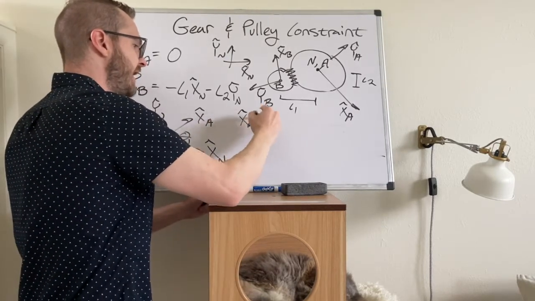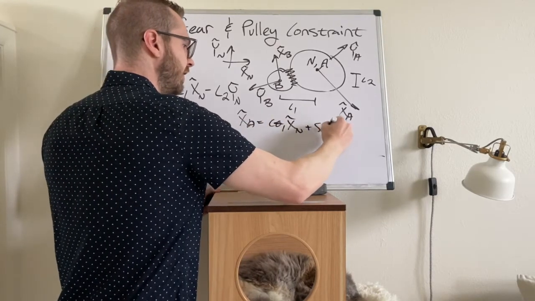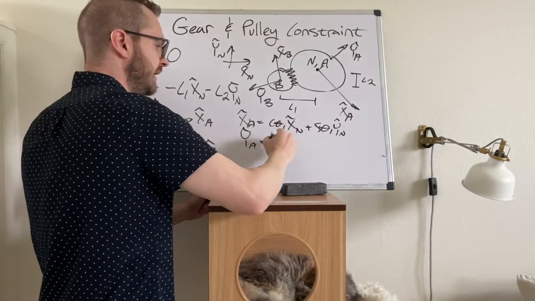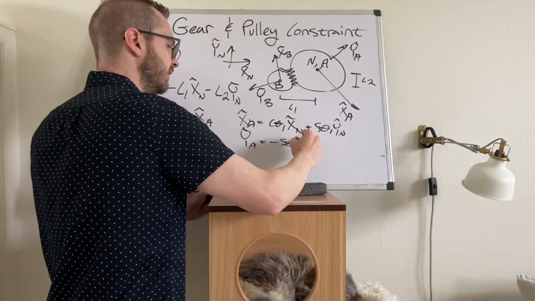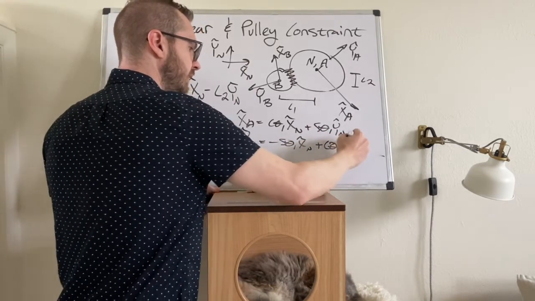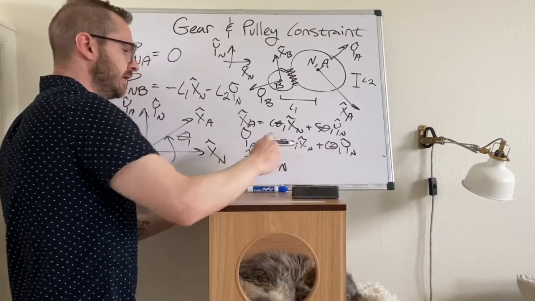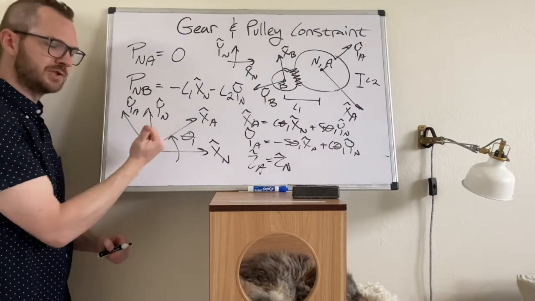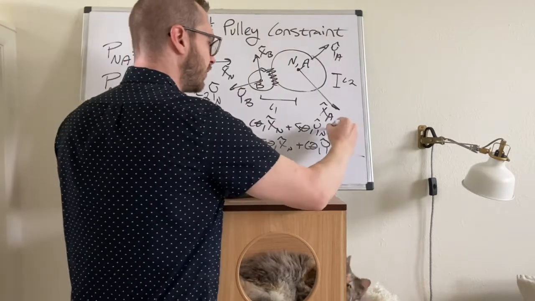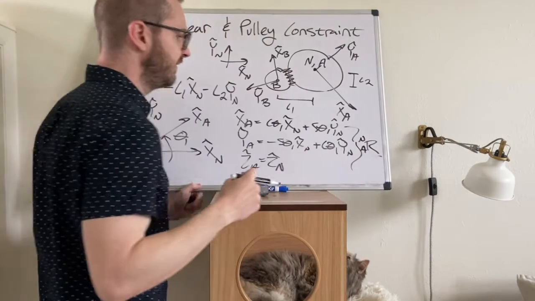XA is cos theta 1 xn, sine theta 1 yn. YA is negative sine theta 1 xn, cos theta 1 yn. ZA is ZN. We're doing a simple rotation around the shared Z axis.